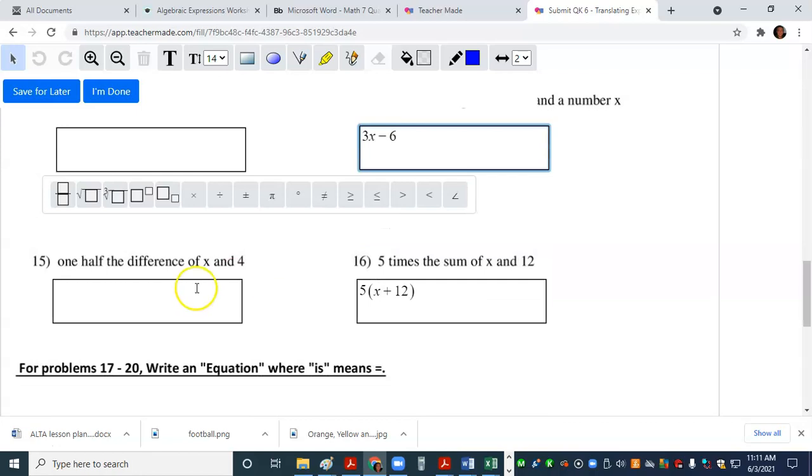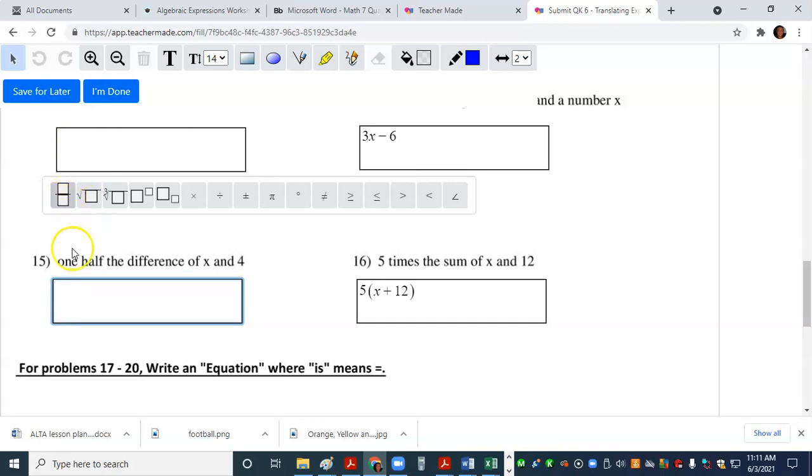All right. Here's one that says 1/2 the difference of x and 4. So in this case, when I say 1/2 of the difference, the word of is kind of implied there. That means I have to multiply by the fraction. So if I'm doing 2/3 of something, 1/2 of something, that's a fraction out in front as a coefficient or a multiplier. So I got to start with the fraction.